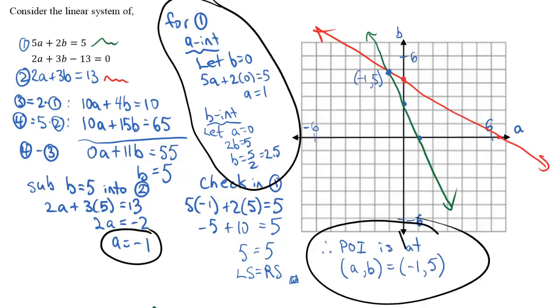So why didn't I move things around and do the y equals mx plus b form? Yeah, I could have. I could have changed these lines into that form, like y equals mx plus b. But I don't want to. Too much time. It's not efficient. So I know this other method.